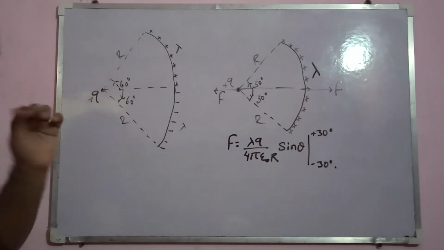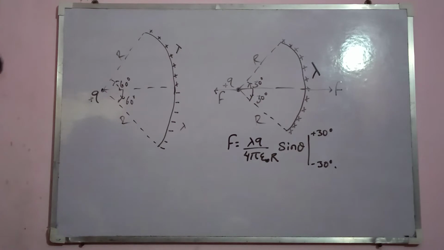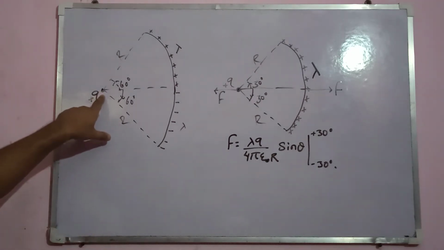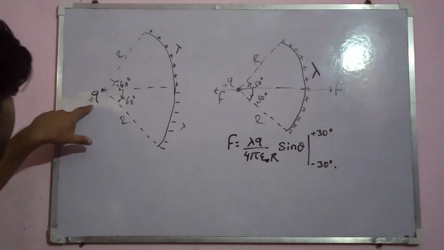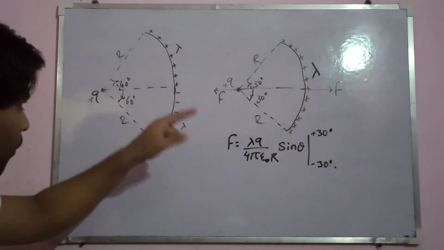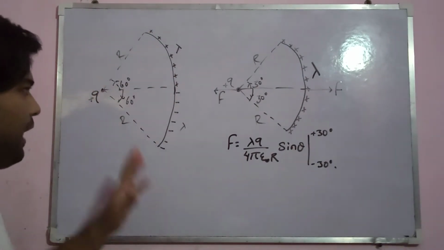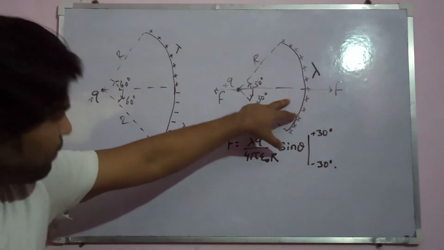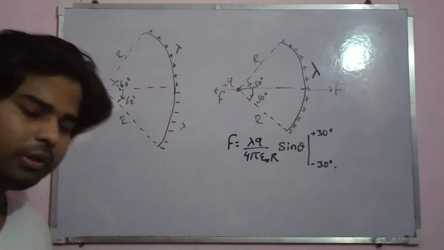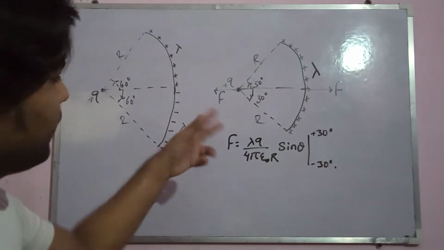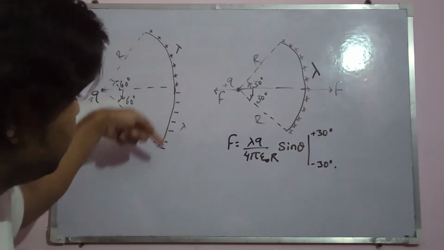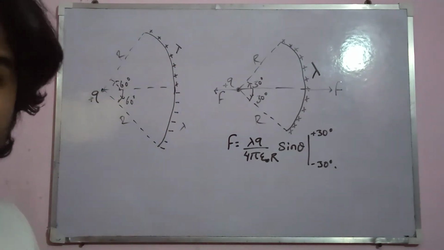We have to assume this problem. So this is our problem. What do I have to do? We have to find the force exerted over this positive charge by this setup, or over this setup by this positive charge. And we take help from our previous problem to solve this problem so that we can save our time. Otherwise, if I do all the calculation directly here, I will take more time.